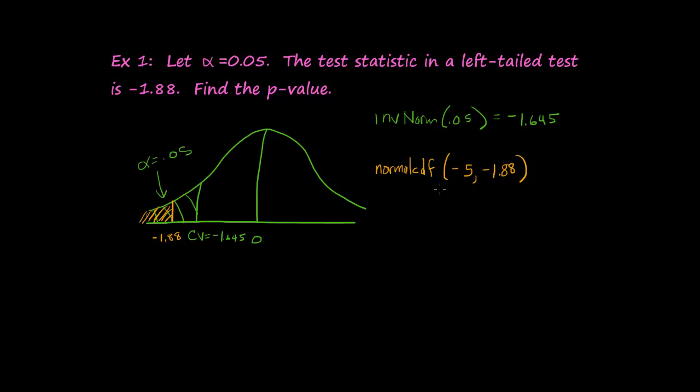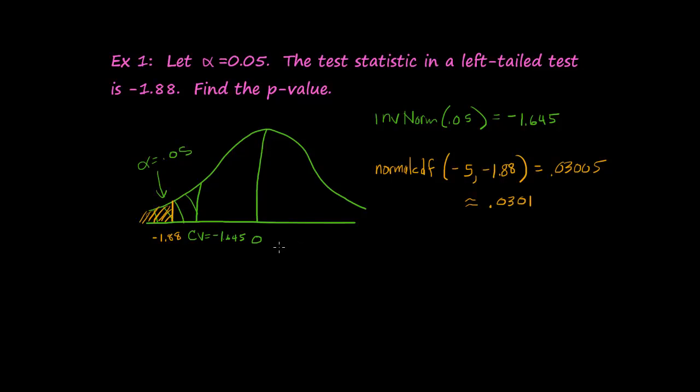So the normal CDF on your TI-83/84 calculator will give you 0.03005, and we're rounding to 4 decimal places, so that's approximately 0.0301. Recall that we had the memory trick for our decision. If P is low, H0 must go. And our p-value is less than our alpha, so this is a situation where we would reject the null hypothesis.